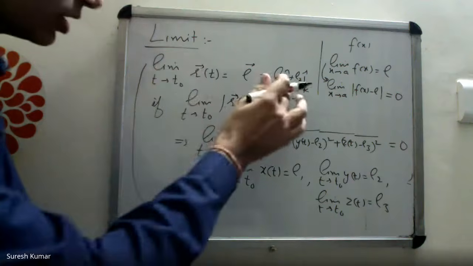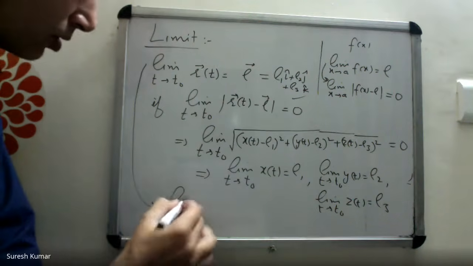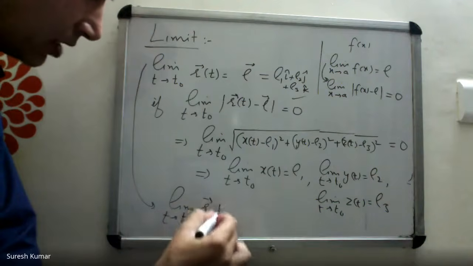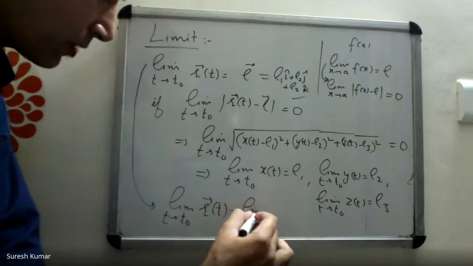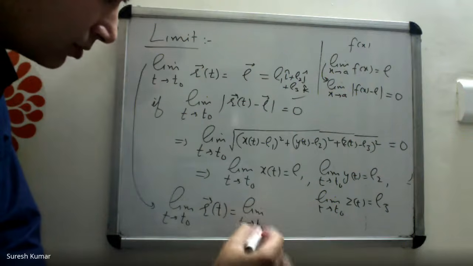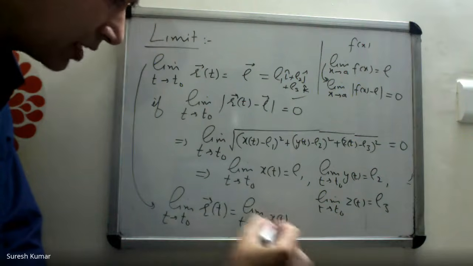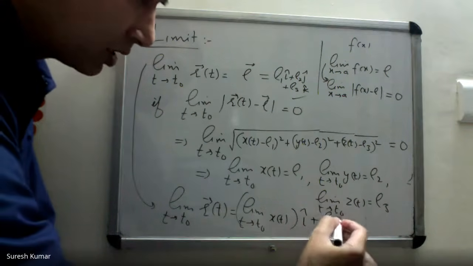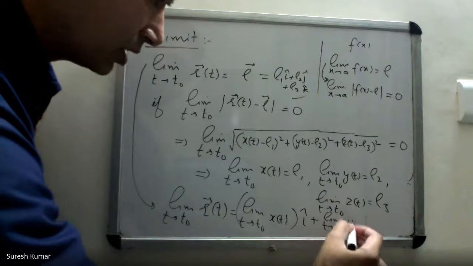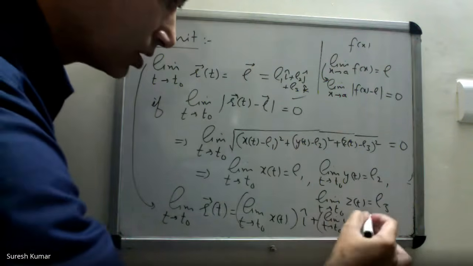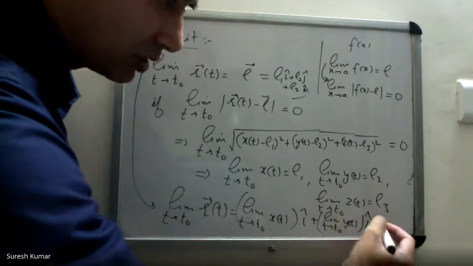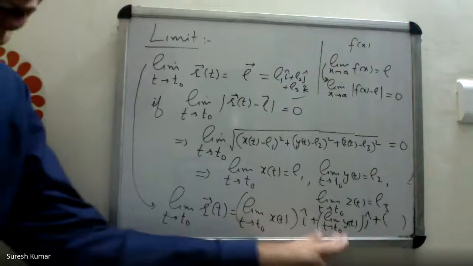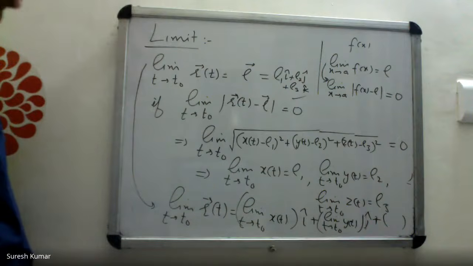Finding limit of r(t) as t tends to t0 means limit of x(t) i cap plus limit of y(t) j cap, similarly limit of z(t) k cap. This is the formula for limit that you will use in doing the problems.